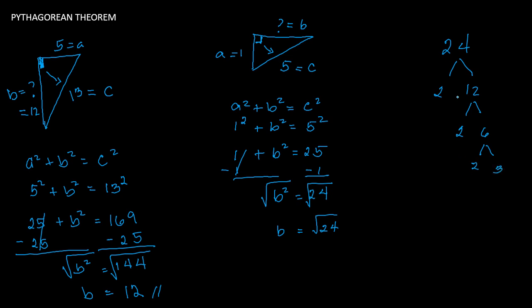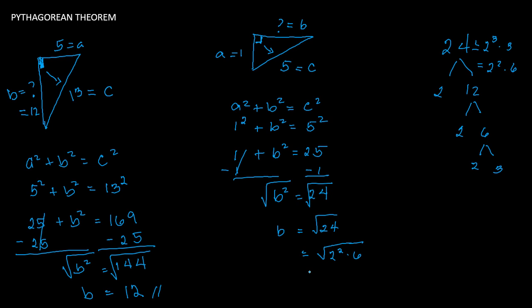So 24 is actually 2 cubed times 3, or 2 squared times 6. So here 24 can be 2 squared times 6.